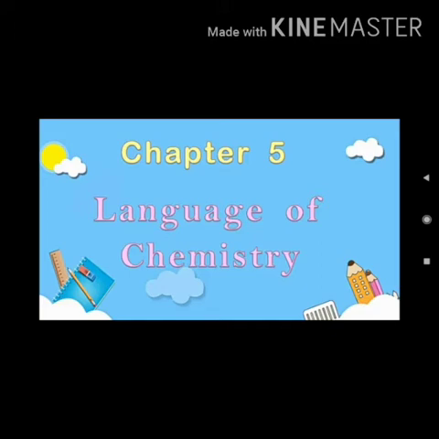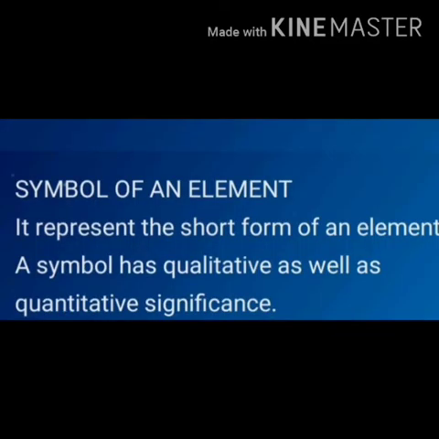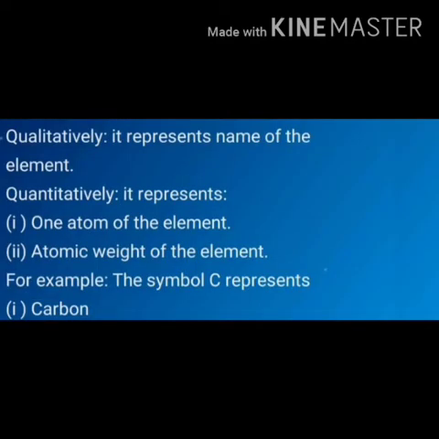Okay, now the chapter is the language of chemistry. And now what is a symbol? The symbol of an element represents the short form or abbreviated name of an element. A symbol has qualitative as well as quantitative significance. Qualitatively it represents the name of the element, and quantitatively it represents one atom of the element and the atomic weight of the element.